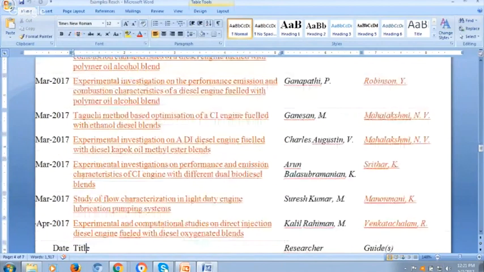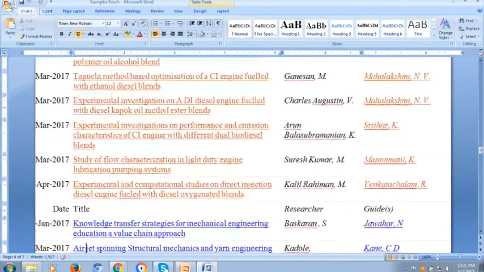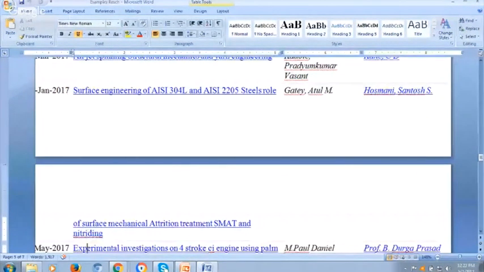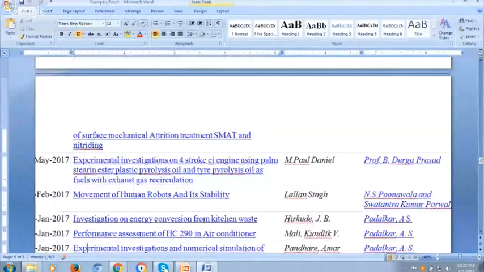Go to another one where you are looking at study of flow characterization in light duty engine lubrication pumping system. Now here, flow characteristics, light duty engine lubrication pumping system. So these are the terms which are important. Let me just take up another one.